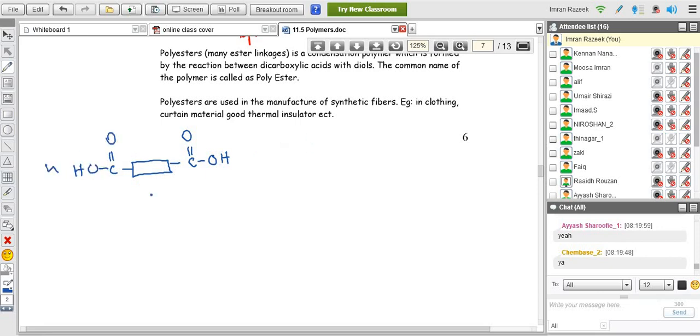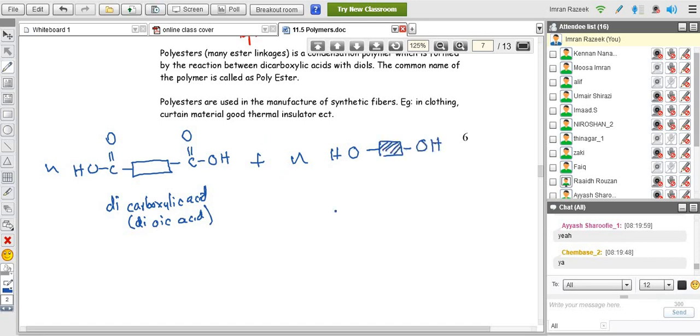So n number of dicarboxylic acid, or you can say dioic acid, that's how we name carboxylic acids, reacting with n number of diols. I'm going to color one box; you can color either box you like. This is diol, two ols.